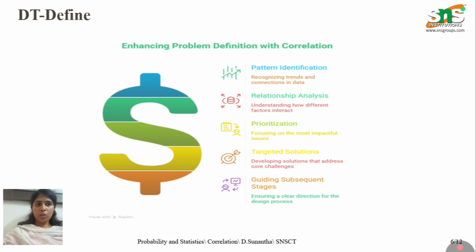So focusing on the most impactful issues. Next is target solution. So developing the solution in such a way that the problems are sorted out, the problems are given solution is discussed. Next is guiding subsequent stages. So ensuring the clear directions for the design process.